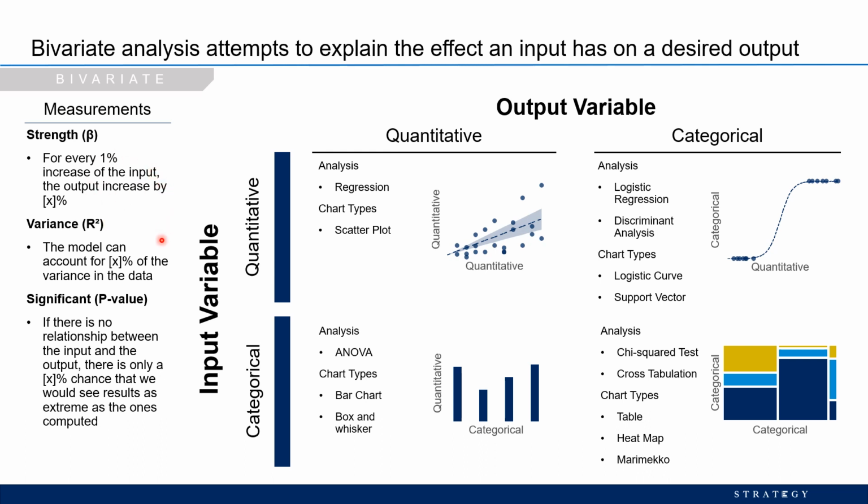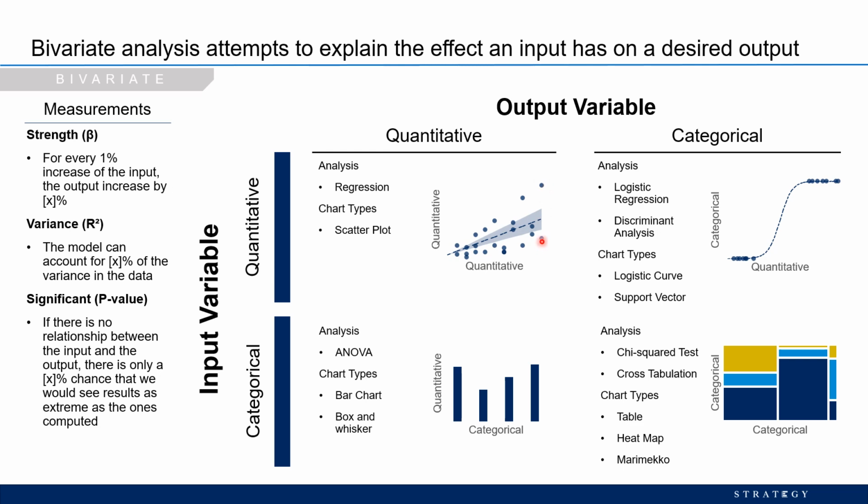Going on into variance. Variance is concerned with explaining how well the model describes the data, or how much of the variance can be captured in the model. For instance, here you see that we have this scatter plot. We have this regression line that runs through the scatter plot.